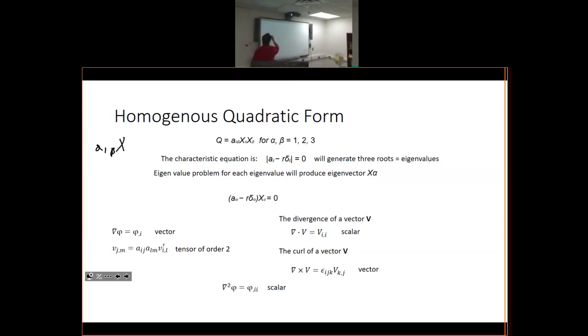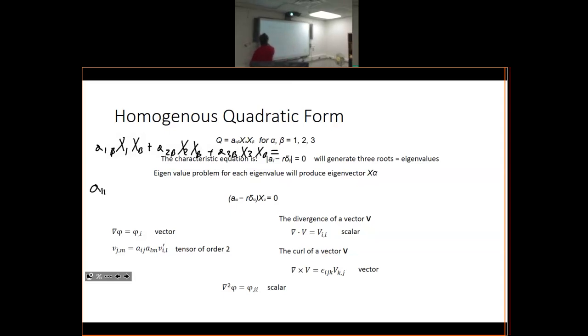It means I take alpha first, 1: x beta plus a 2 beta x2 x beta plus a 3 beta x3 x beta. Now I have to make a summation of the second term. I'll write it here below.